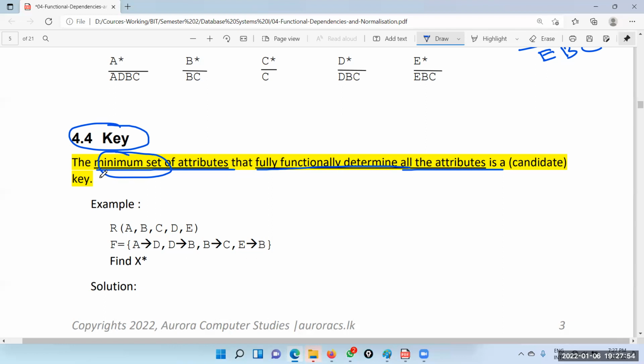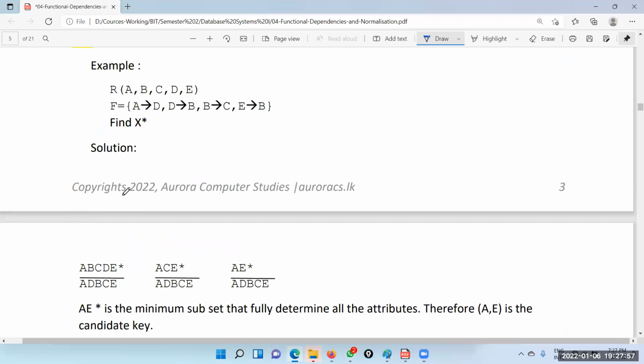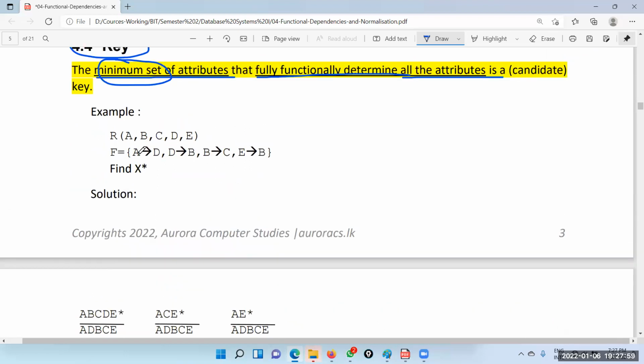Right, now let's see how to do that. Say we have A, B, C, D, E. Now we want to find out, it's a bit of trial and error. After some time you can see, okay, this is the key, or these are the candidate keys. So what you can do is just take one by one first.